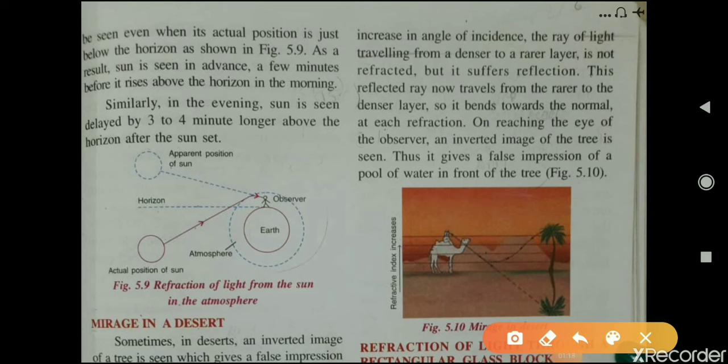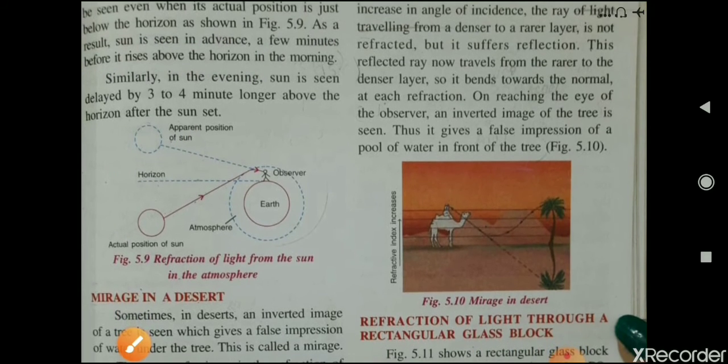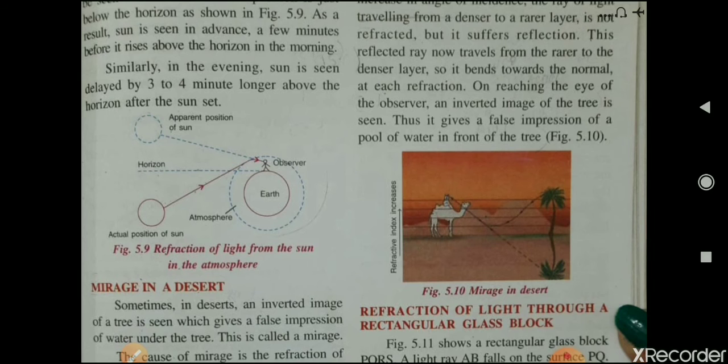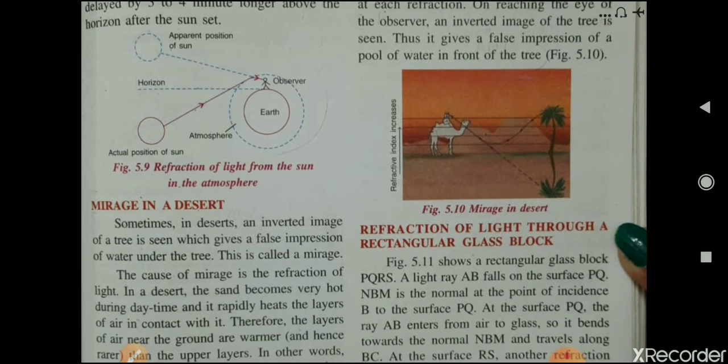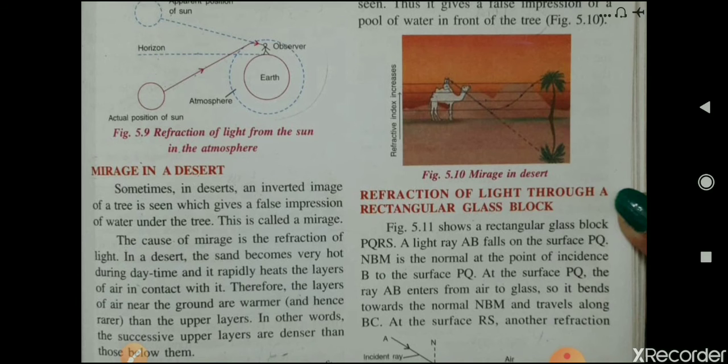As you can see in this picture, the actual position of the sun is this, but it appears to be here. As a result, the sun is seen a few minutes before it rises above the horizon in the morning. Similarly, in the evening, the sun is seen 3 to 4 minutes longer above the horizon after sunset, due to the refraction of light from the sun in the atmosphere.